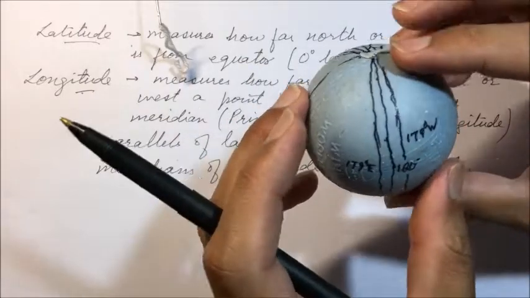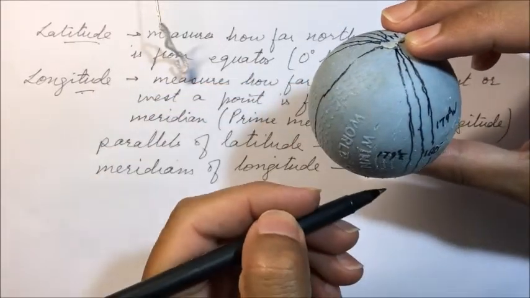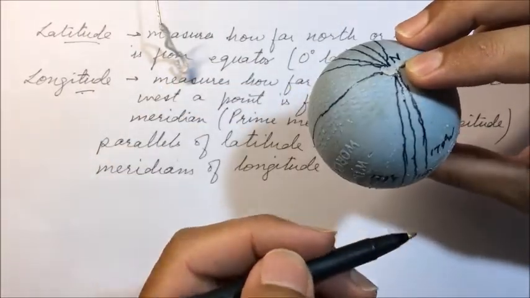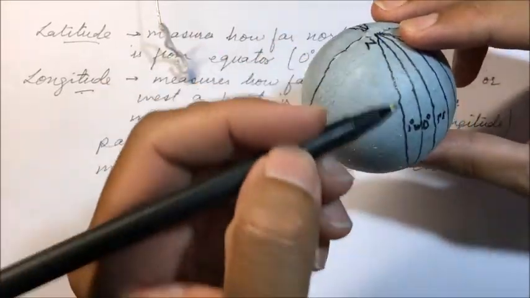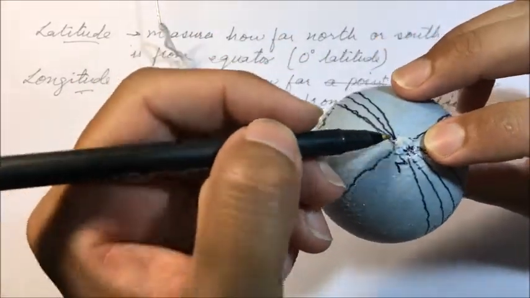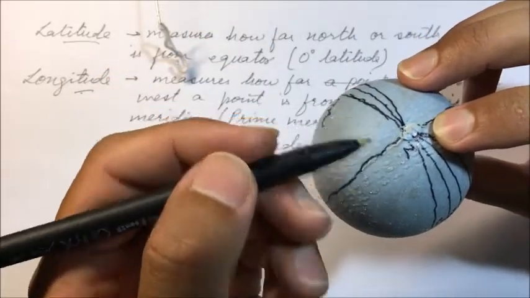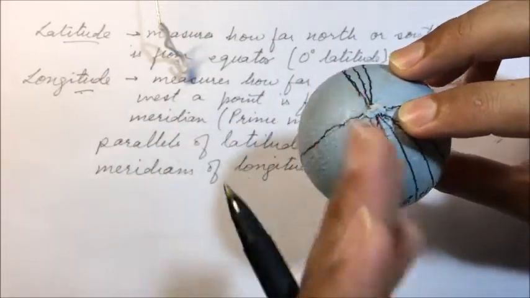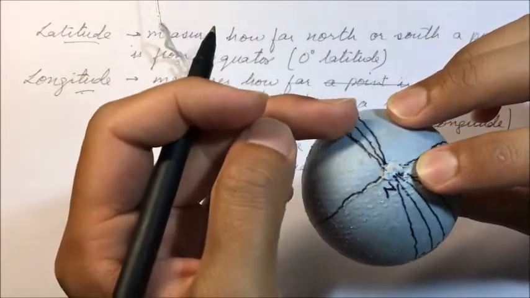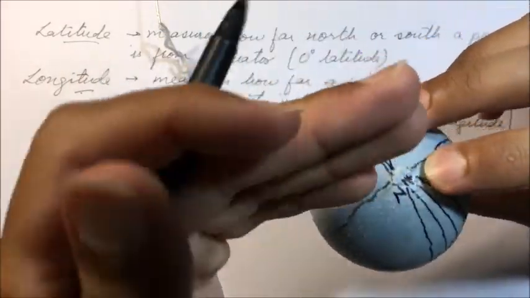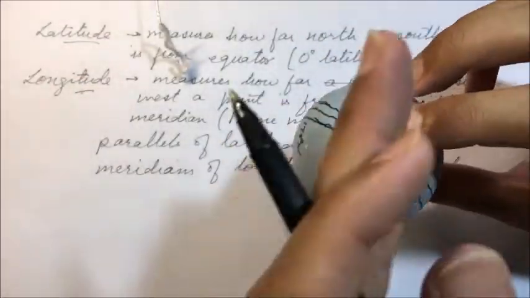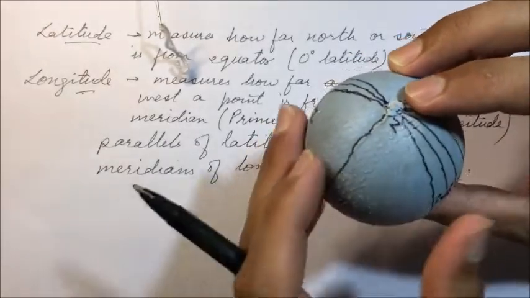Similarly, take any other meridian. For example, 1 degree west meridian. Opposite to it will be the 179 degree east meridian. They form one circle, and it is also a great circle. So one meridian and its opposite meridian form a great circle, so there are infinite great circles.